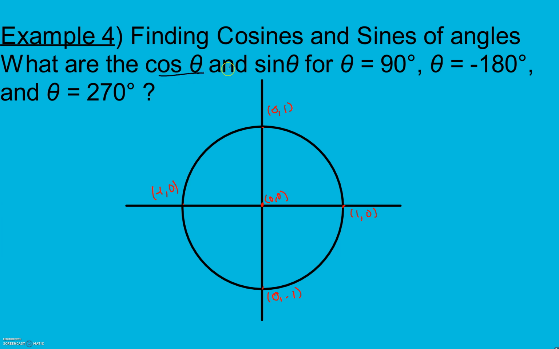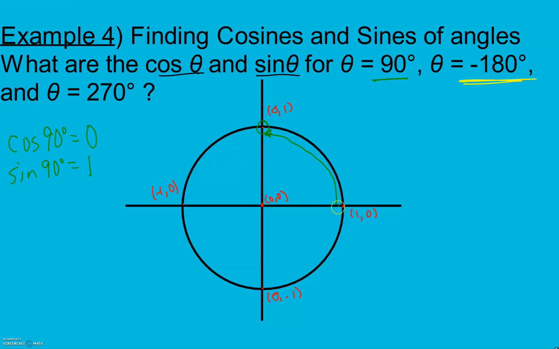So cosine of theta and sine theta for our values. So for 90 degrees, cosine of theta, I'm going to plug 90 in for that. And at 90 degrees, remember 90 degrees is right here. Our cosine is our x. And our sine of 90 degrees is our y value of that point, and that's 1.